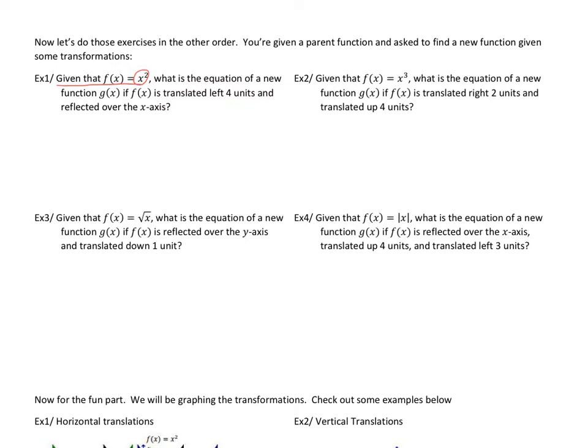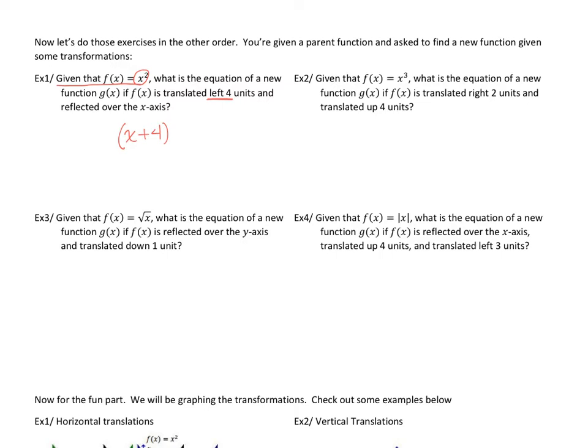So translated left or right, that means that this number should be paired up with x, in parentheses. Well, since we have a quadratic, it's going to be a set of parentheses. So left 4 units, you're going to want to write a -4, but this will actually be an x plus 4. That's what will tell you left 4 units.